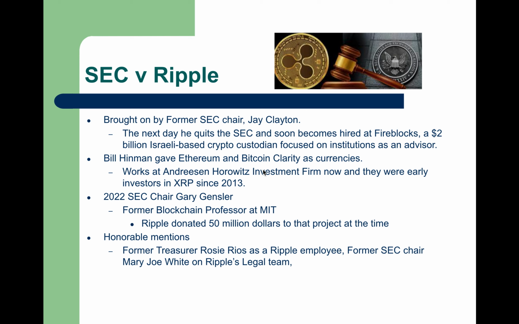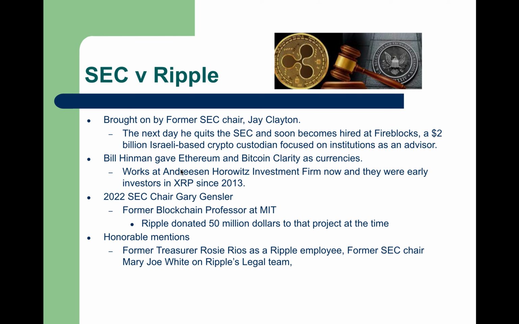All right, so it was brought on by the former SEC chair, Jay Clayton. And it's funny because he quits the SEC the next day and soon becomes hired at Fireblocks, a $2 billion Israeli-based crypto custodian focused on institutions, as an advisor. And also there's a higher up guy, Bill Hinman.